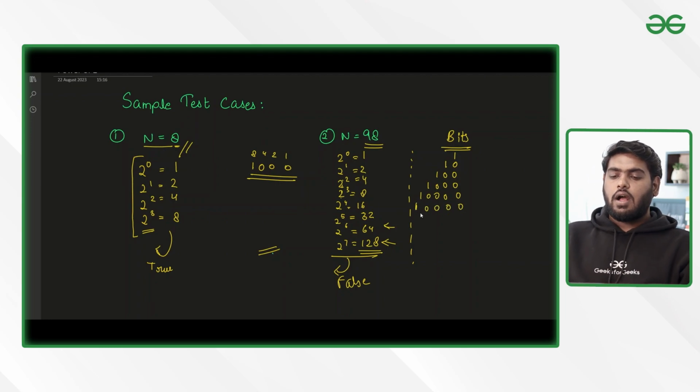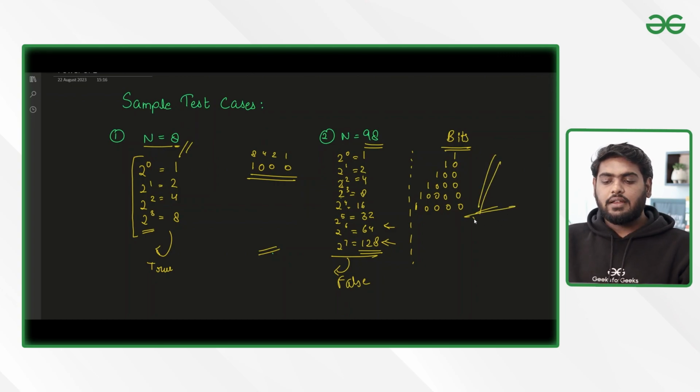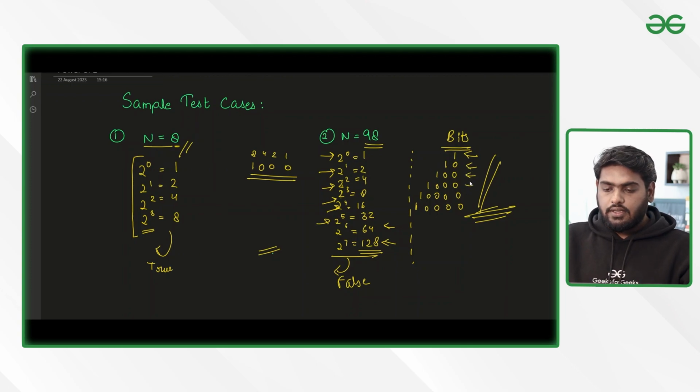Are you able to notice a pattern here? This is the pattern that is going to give us our answer. Every number that is a power of 2 has only one set bit in its binary representation. You can see only one set bit is there and all the other bits are 0, that means all the other bits are unset.